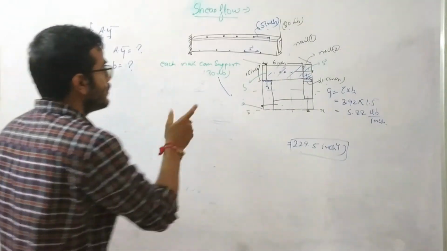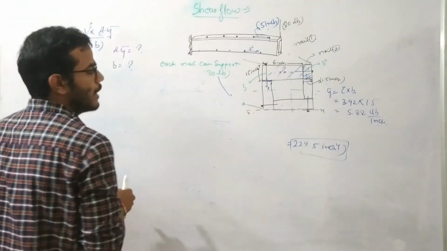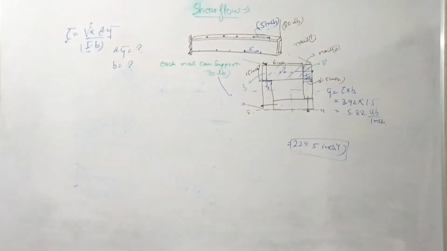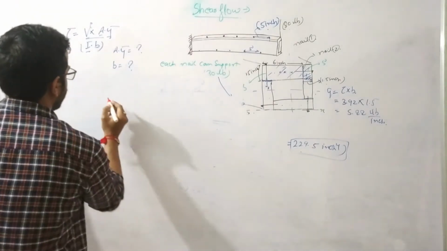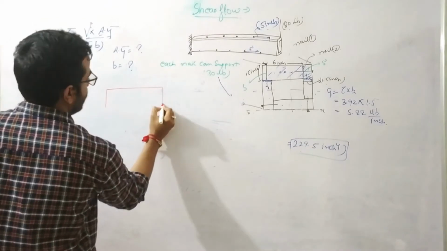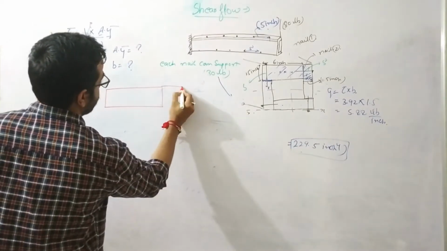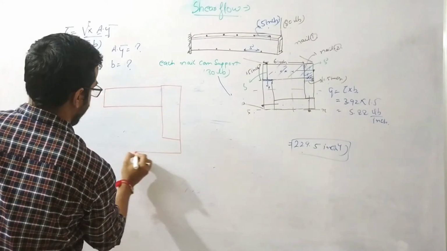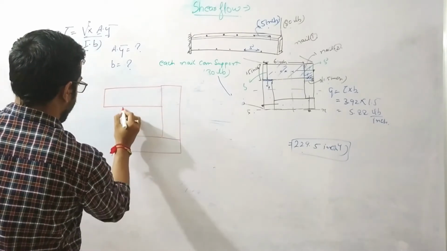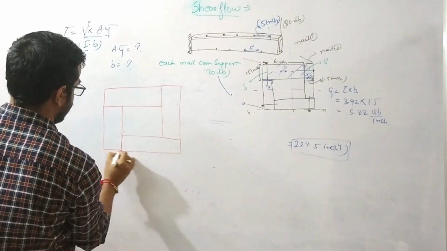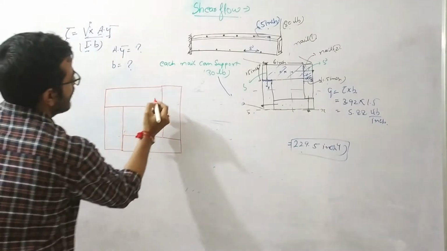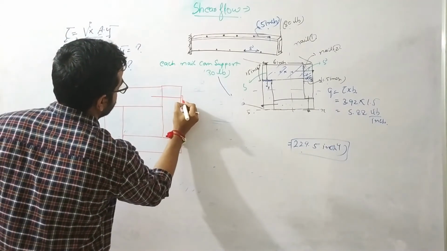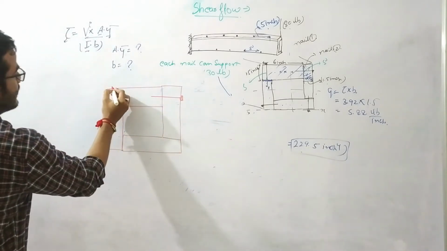Now, if I want to calculate the spacing S dash for the nail, let us draw the figure again. This is the cross section. Now I need to calculate the spacing of these nails. This nail spacing is calculated.